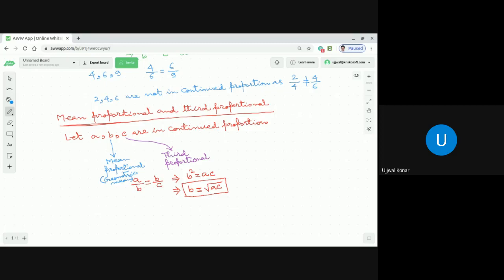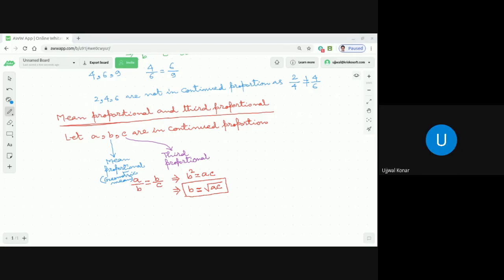But as of now, what you should remember is that if A, B, C are in continued proportion, then we can say B is the mean proportional and C is the third proportional. And B in terms of A and C is the positive square root of A into C. Correct, no? Yes, sir.